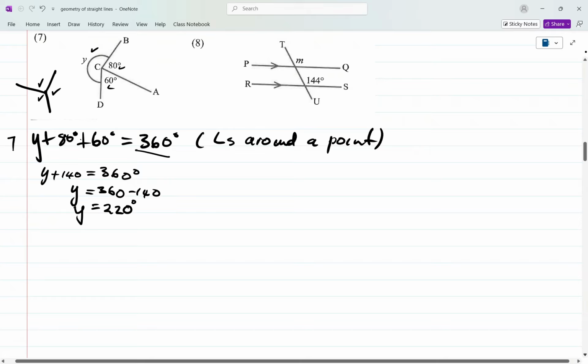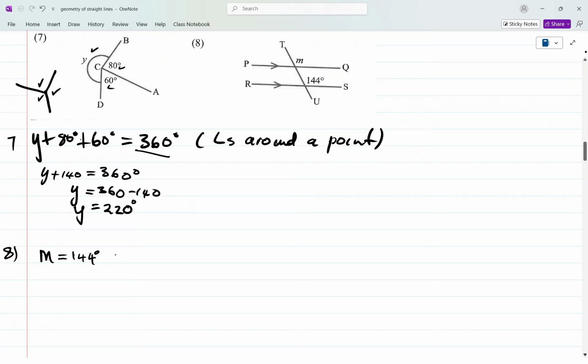And then that's it about number 7. We are now going to number 8, which is going to be m being 144 degrees. And then your reason for this one will be corresponding angles, because PQ is parallel to RS.